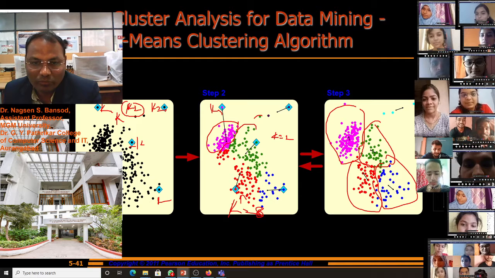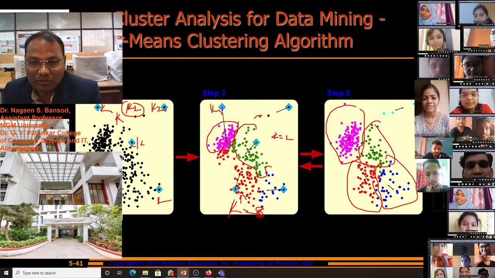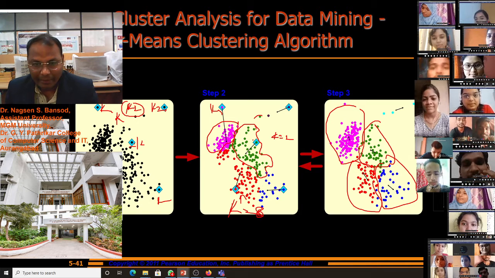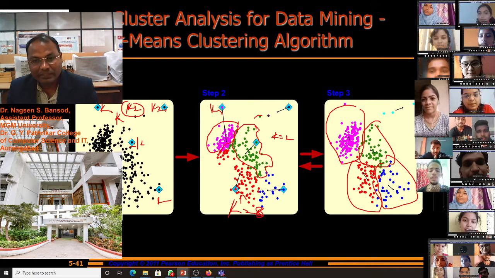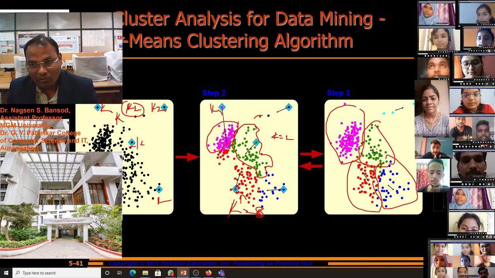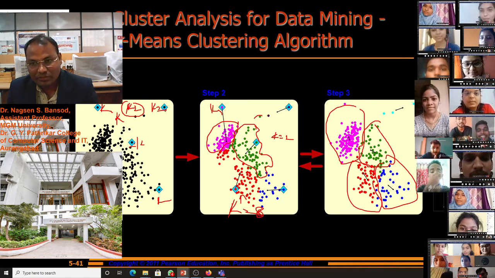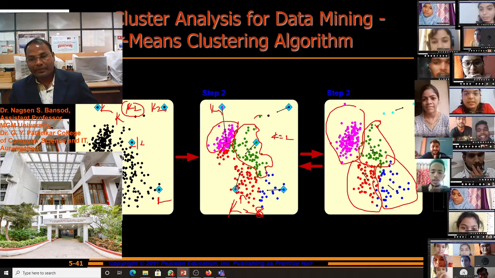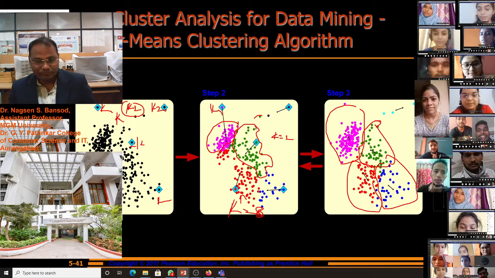So we make clusters on the basis of these variable values, measure the distance, and on the basis of that distance make the clusters. If you have any doubt regarding this, you can ask.